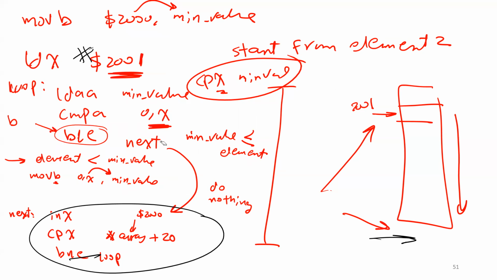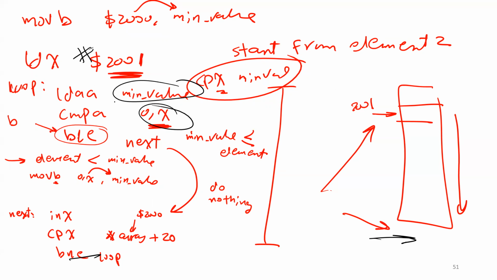So what I did here, guys, I want to compare minimum value to 0, x. I don't have one instruction to do that. That's why I'm going to read this one and put it in register A. Then I'm going to compare register A to 0, x. Is that okay? And then I'm going to say branch if less or equal. If it is less or equal, please skip, come to here.